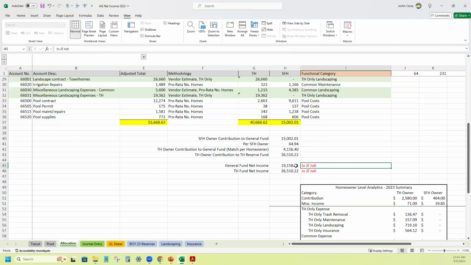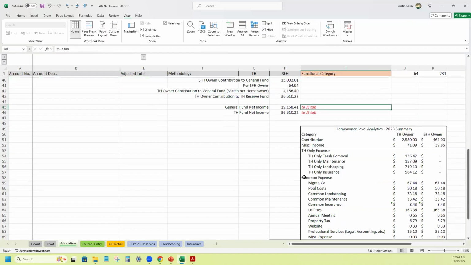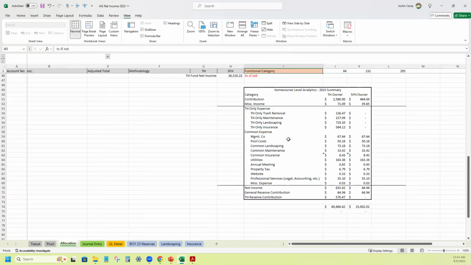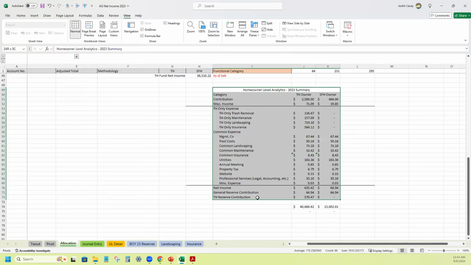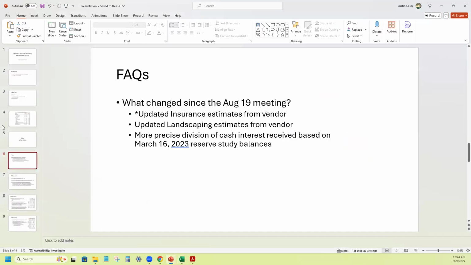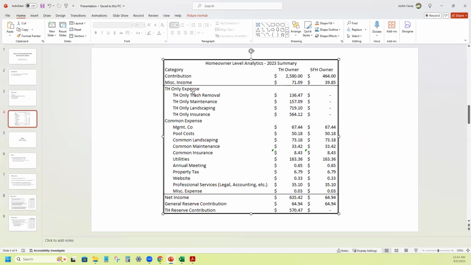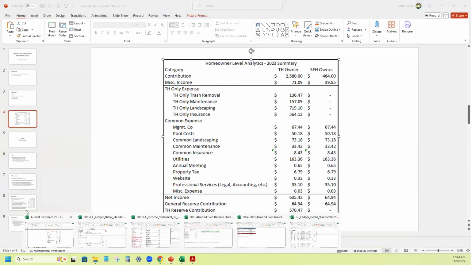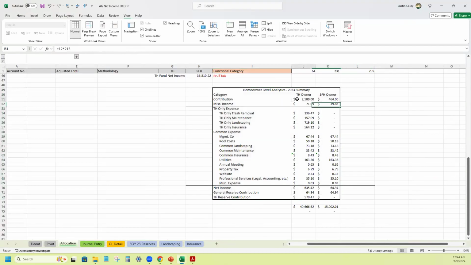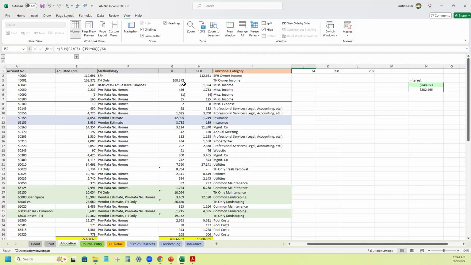Okay, very good. So from here, you can get to the final level of detail that was in the homeowner analytics from the first video, which is basically taking every row above and dividing it by the number of homes, either 64 or 231, because these are all annual costs here.